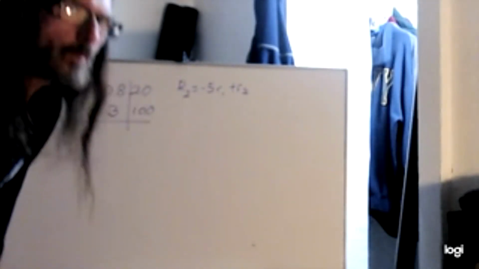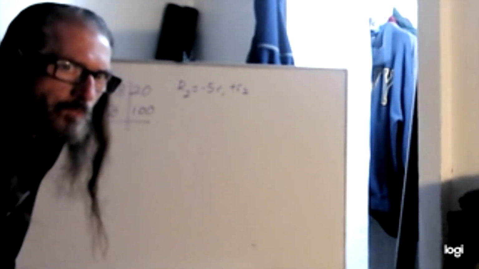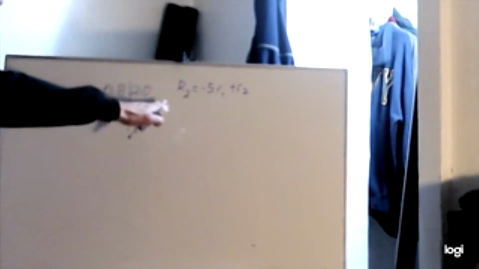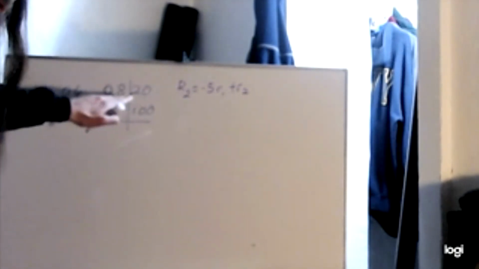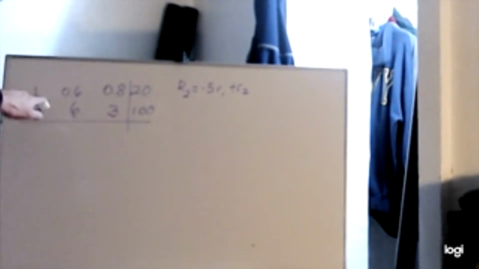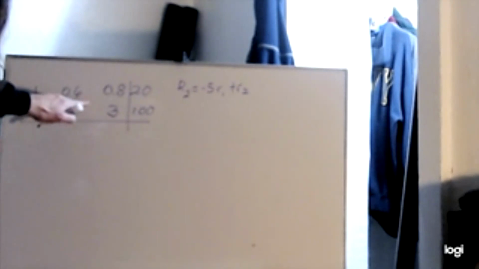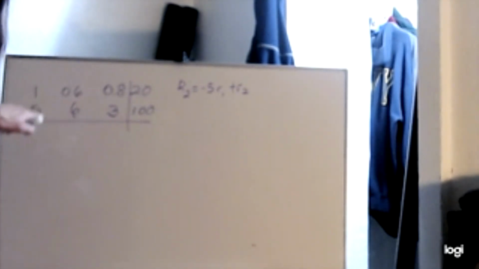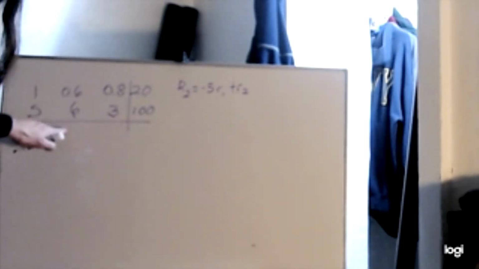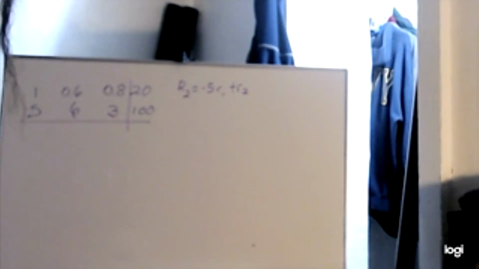All right, here we go. So here, I'm focusing on using my pivot or focus row 1, to change row 2. I'm just writing the row operations for changing row 2.